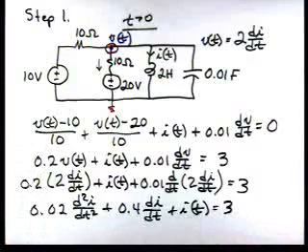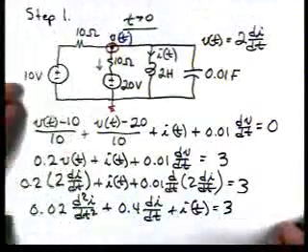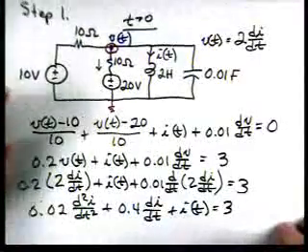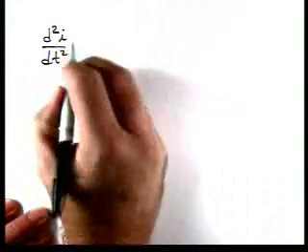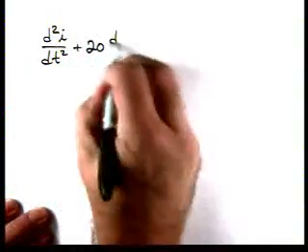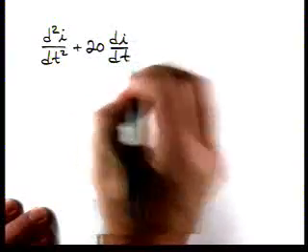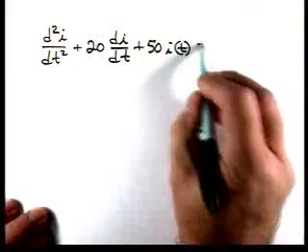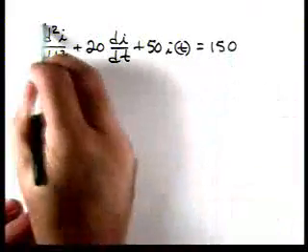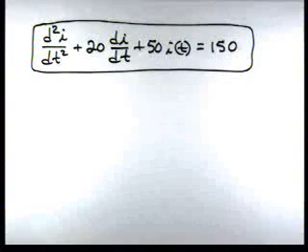Now let's multiply by 50, and when we do that, we'll get d2i dt squared plus 20 di dt plus 50 I of t is equal to 150. So there's our differential equation for this circuit.